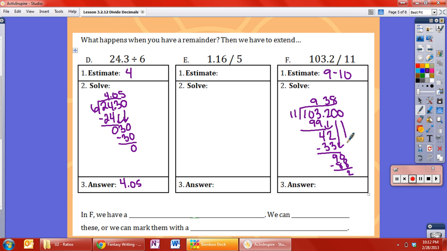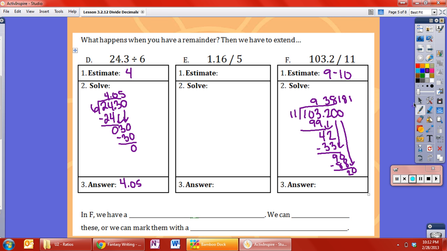Bring down a 0. 11 goes into 20 one time, and that would be 11, so it would have 9 left over. It goes into 98 times, so we would get this repeating decimal.